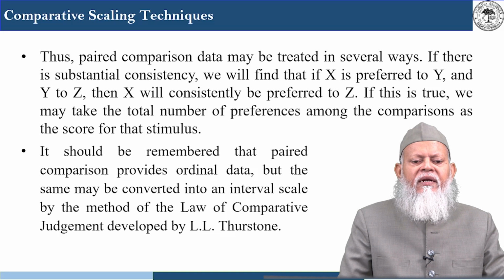It should be remembered that paired comparison provides ordinal data, but the same has to be converted into an interval scale by the method of the law of comparative judgment developed by L. Thurstone.